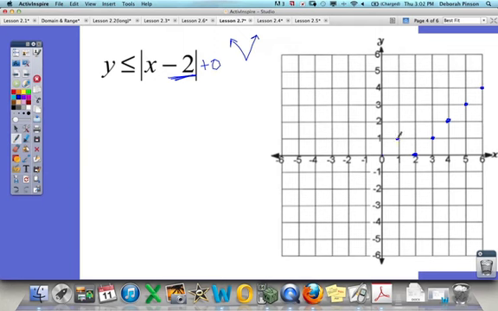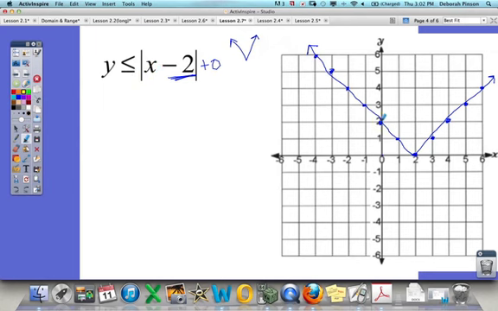Now on here, I'm going to have a solid line because it has the equal to. Okay, now I'm looking to shade where it's less than.